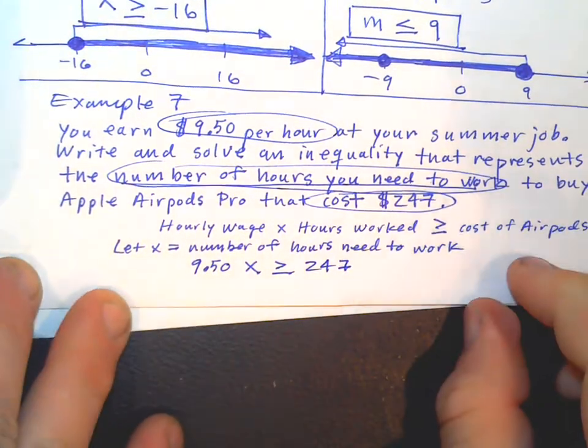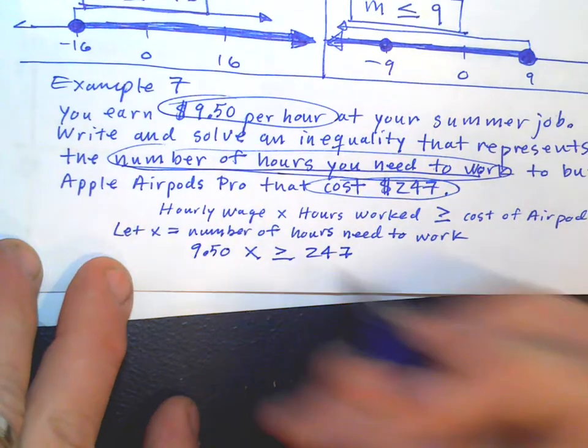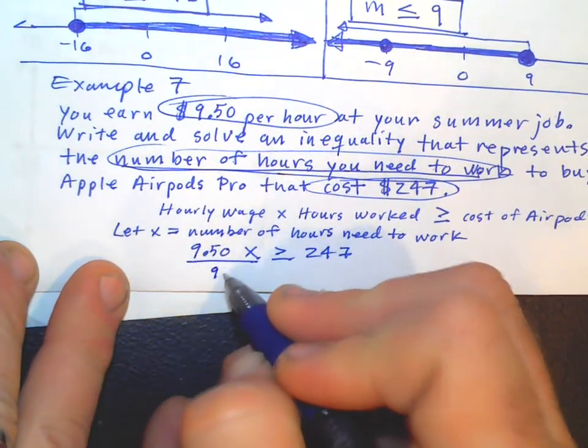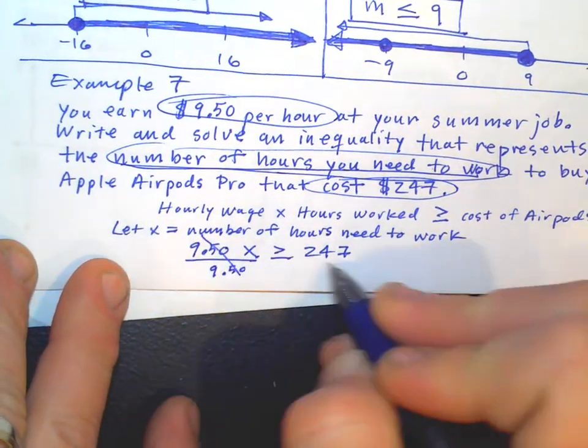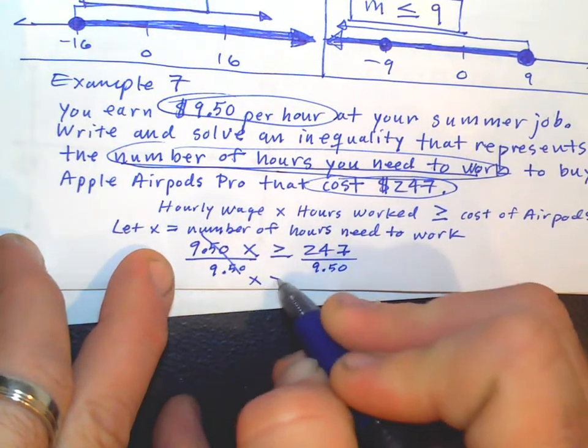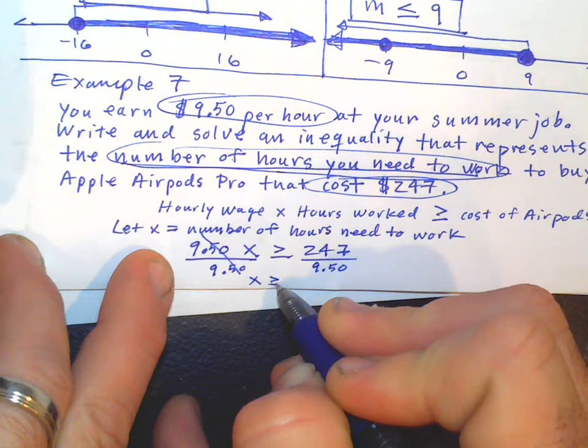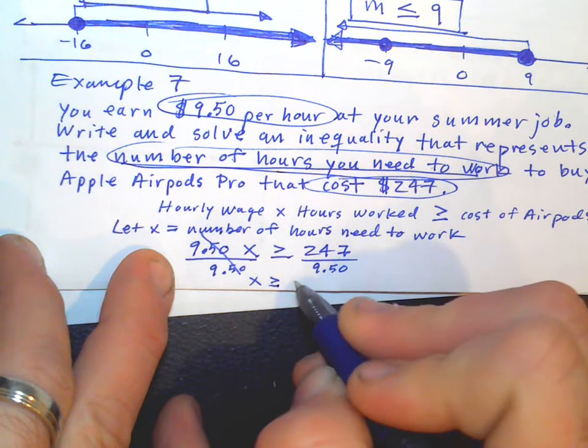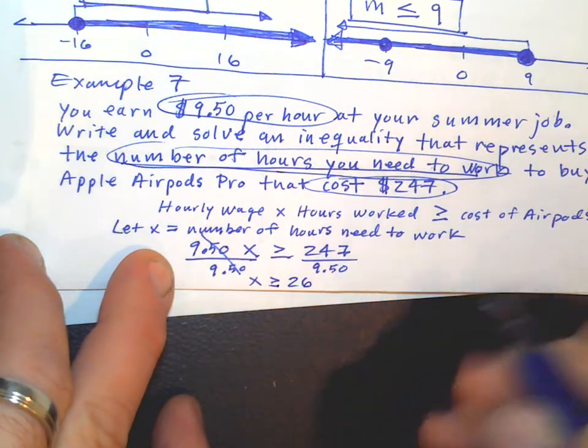So we've written our inequality. Now we need to solve it. We're going to divide both sides by $9.50, and we get x is greater than or equal to 247 divided by 9.50. It's 26.